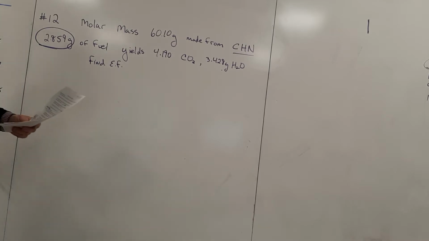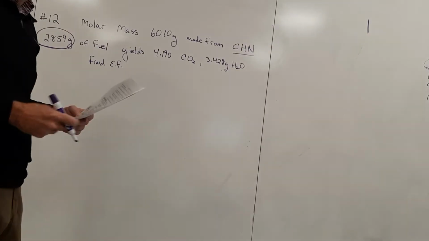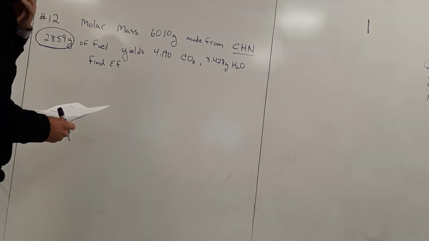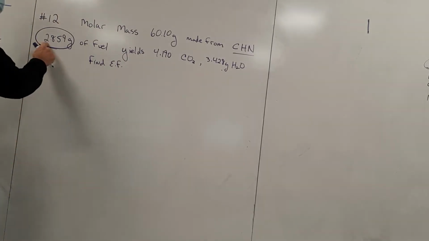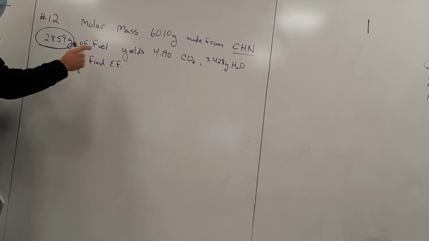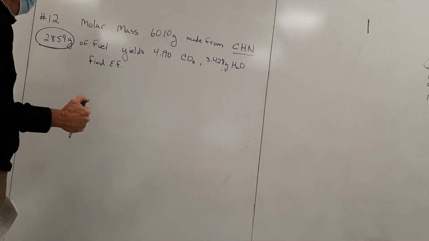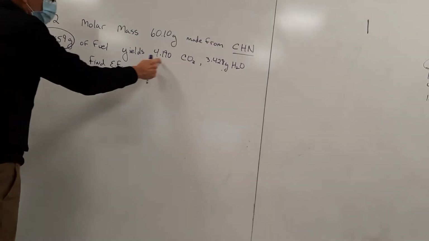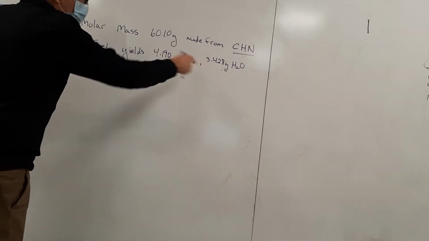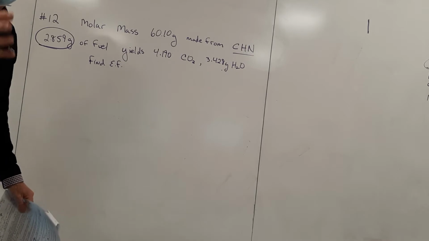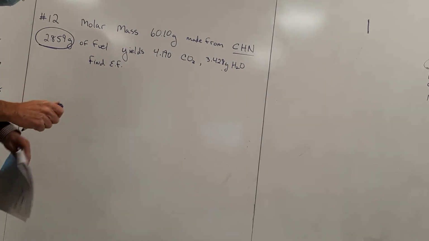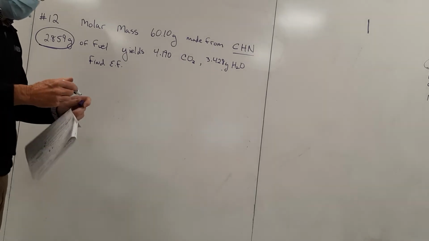All right, we're back. And let me do the solution. Like I said, they want you to find 2.859 grams of this fuel that's C, H, and N. And all we know is what it yields. It yields carbon dioxide and H2O, so that means I must have excess oxygen.